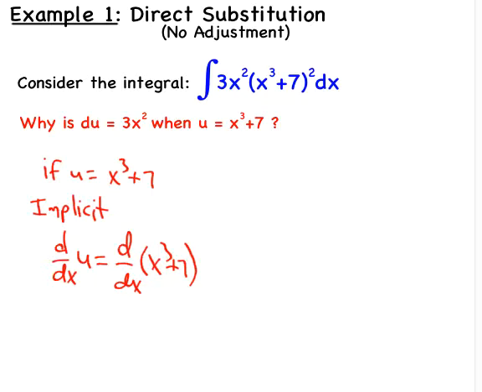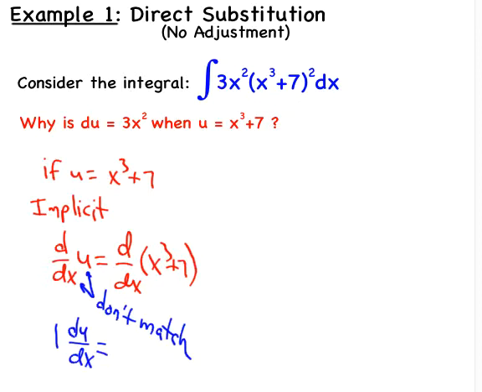And the derivative of u is 1, but because the variables don't match, we have to follow by a du dx. So we have 1 du dx.